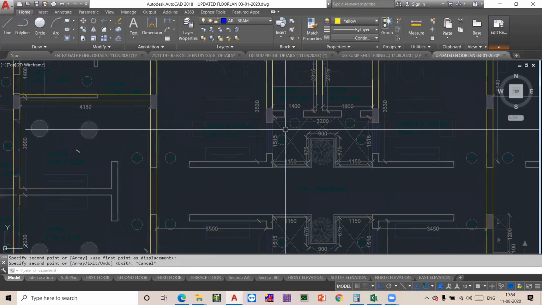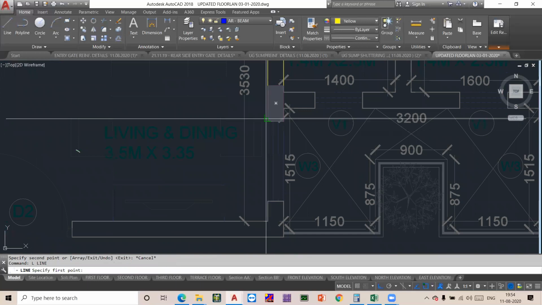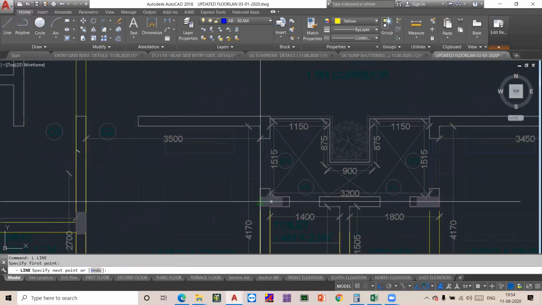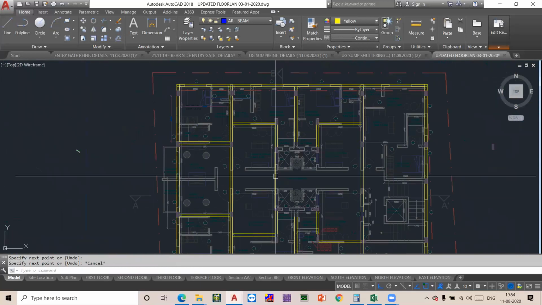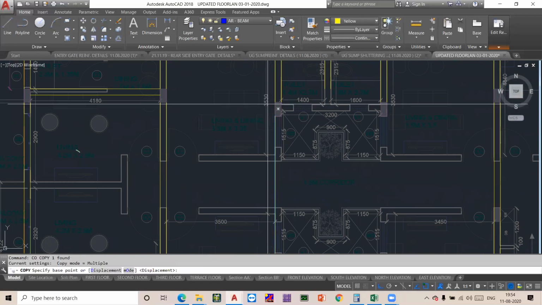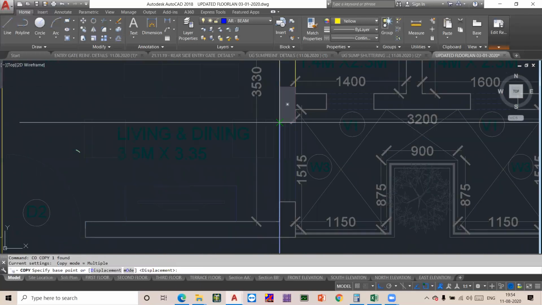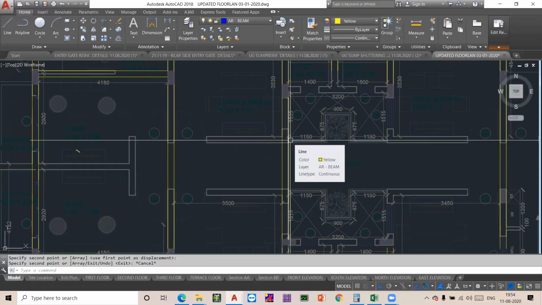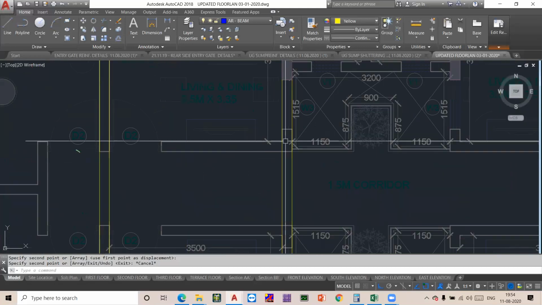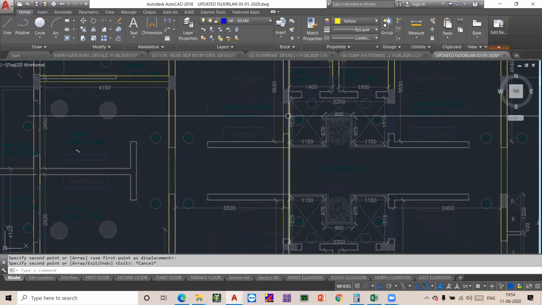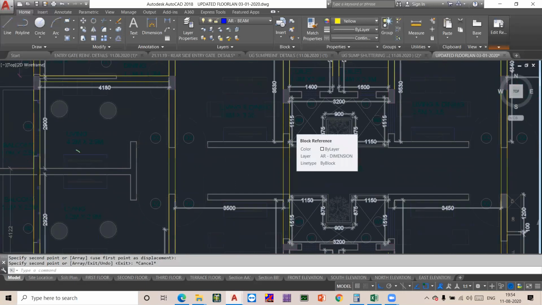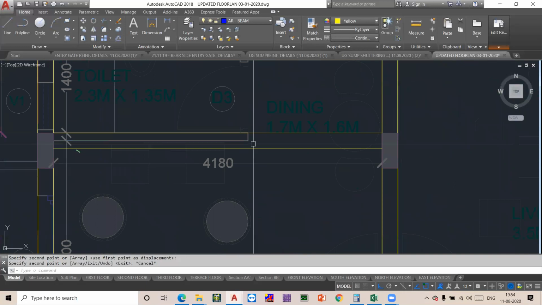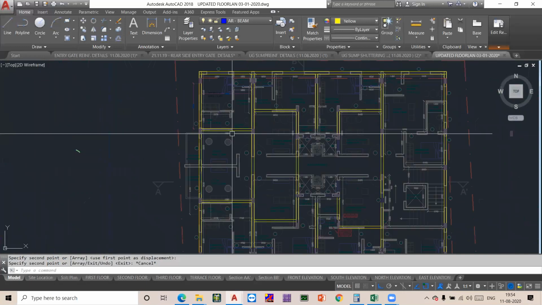Okay, so all we are doing here is we are framing the beams from column to column, and we are making sure that all of the beams are mostly getting concealed within the architectural walls, or at least in line with the architectural walls. Okay.